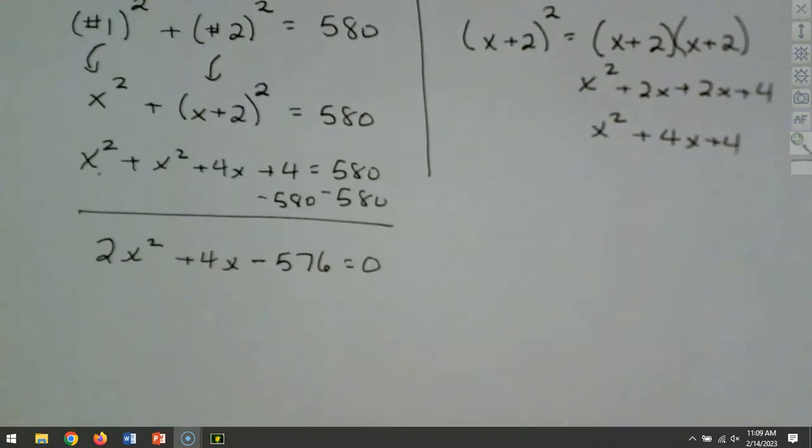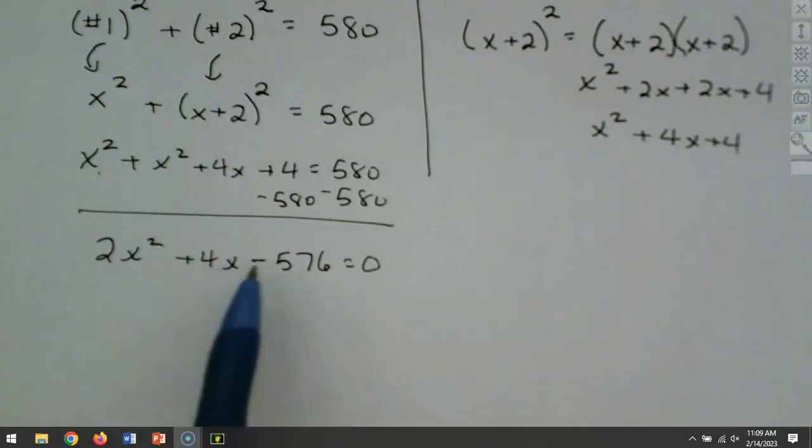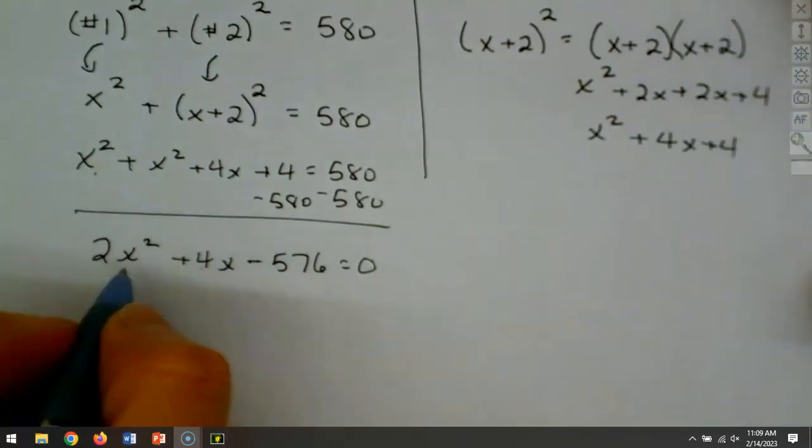Before I factor, can someone tell me what I would do next? If I left this for you to do, what would you do next? Before you start factoring, what would you do? You look at the numbers here. What do they all have in common? 2. So before I try to factor, what do I do?